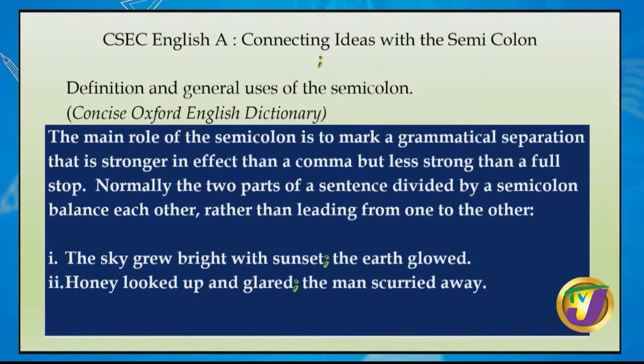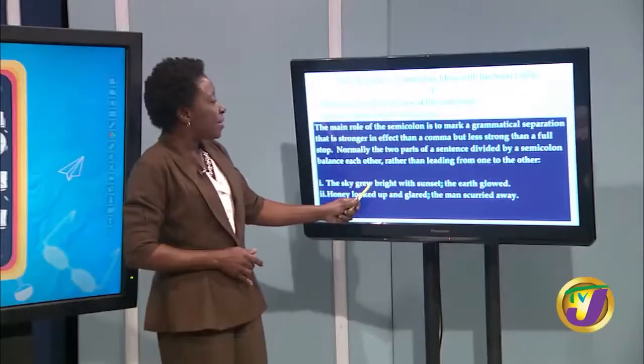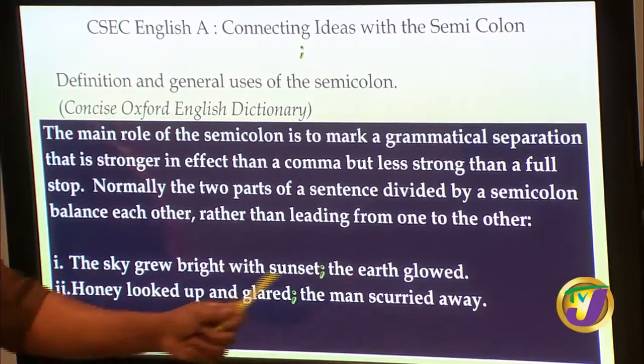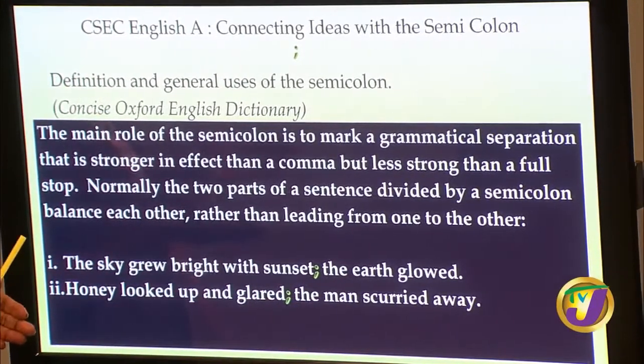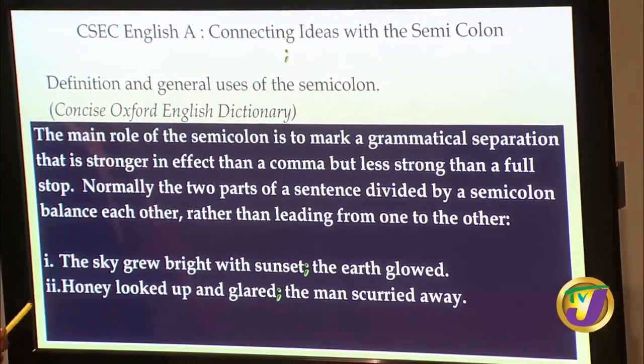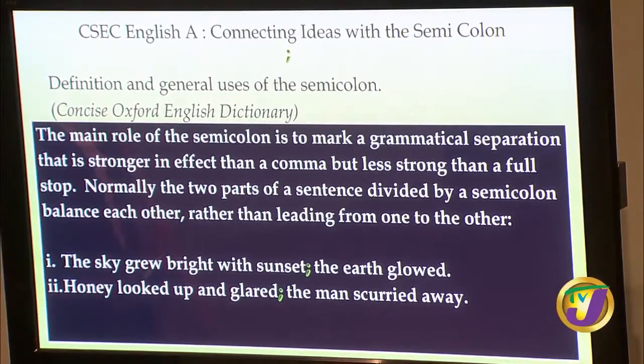Look at this first sentence. The sky grew bright with sunset; the earth glowed. So the effect of the light is being expressed over here. So there is a connection and the semicolon is placed right there. Sentence number 2: Honey looked up and glared; the man scurried away.